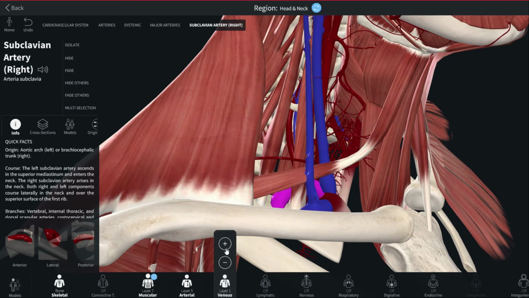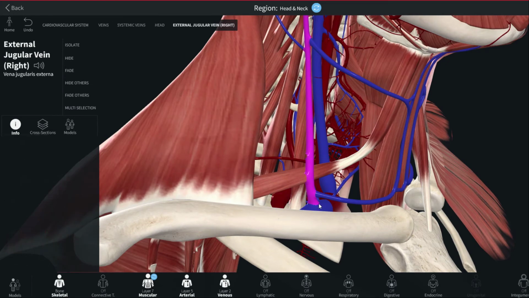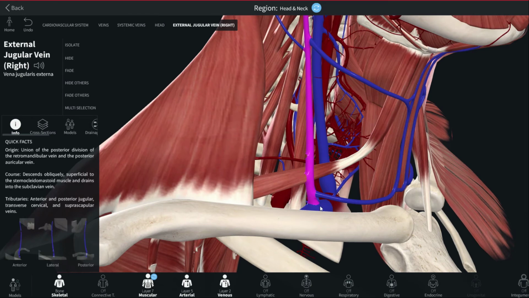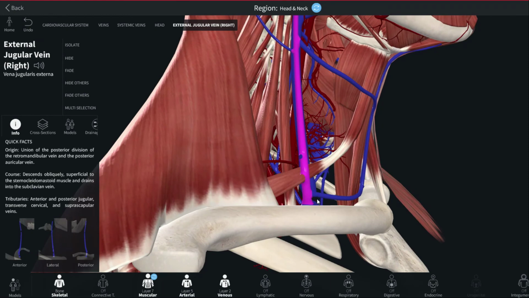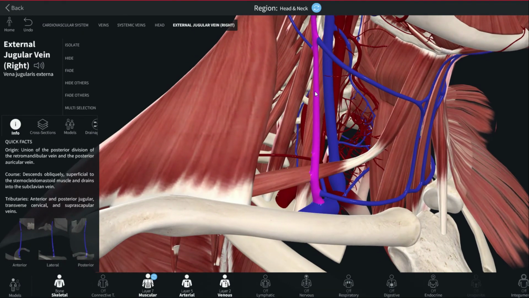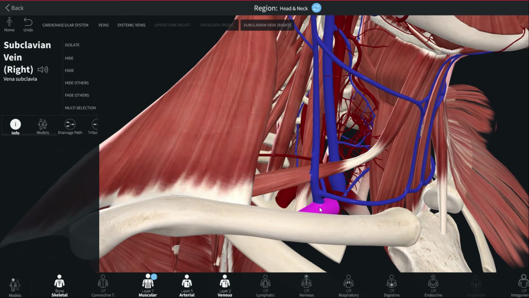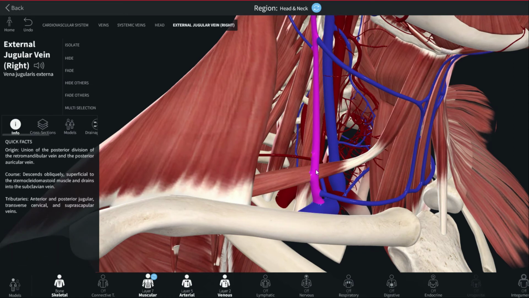So over here, we have the external jugular vein, which by the way is also a part of, yes, the subclavian triangle. So the external jugular vein drains into the subclavian vein over here, and the subclavian vein and the terminal part, or the last part of the external jugular vein, are also constituents of the subclavian triangle.